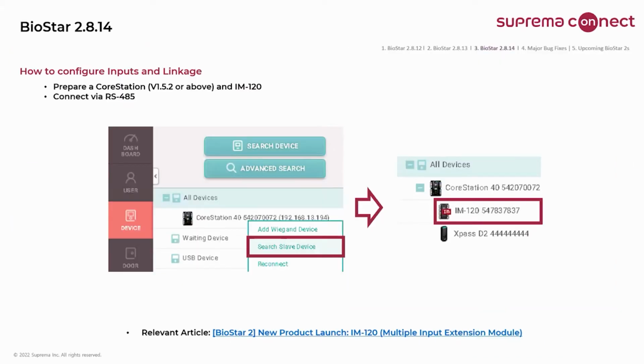Now, let's dive into the settings for using the IM120. The how-to guide is also described in the document mentioned at the bottom of the screen. So, if you missed something, please check the IM120 article on the Suprema Tech support site after the webinar.